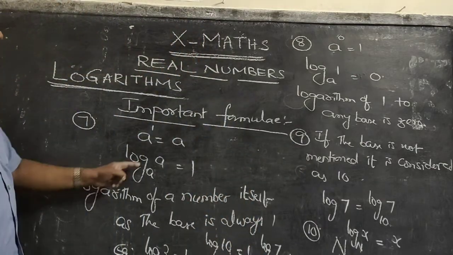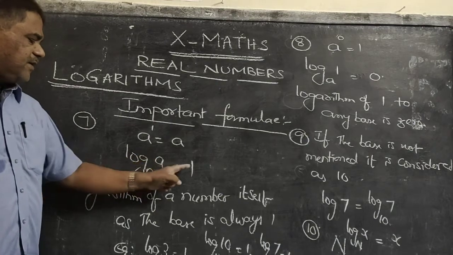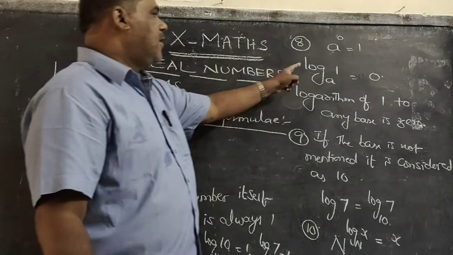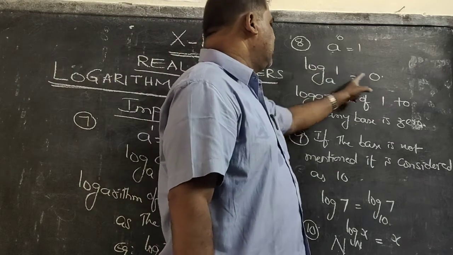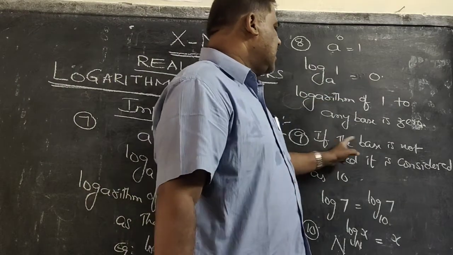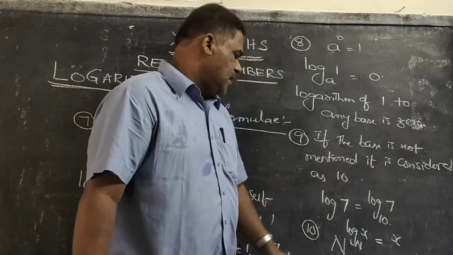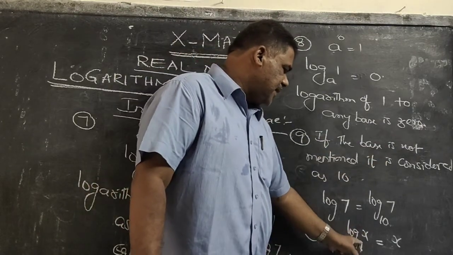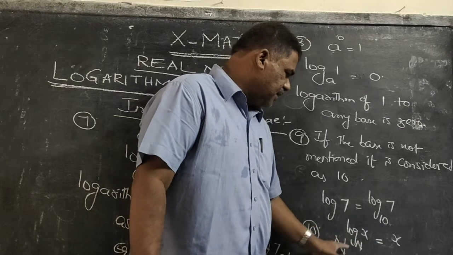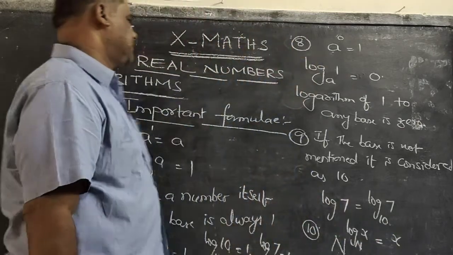Logarithm of a number with itself as the base is always 1. Logarithm of 1, whatever the base may be, is always 0. In logarithms, if the base is not mentioned, we have to consider it as 10. Now, n to the power log x base n: if the two numbers are the same, then the answer is x.